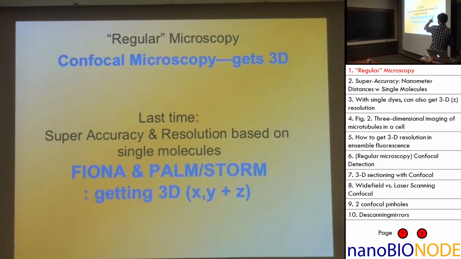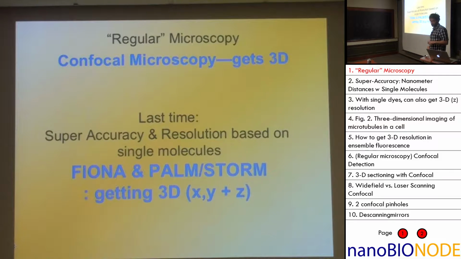It, in fact, is a direct extension of the 2D microscopy that we've talked about. That is, ordinarily you find that in X and Y you can resolve things, and in Z it's much more difficult.